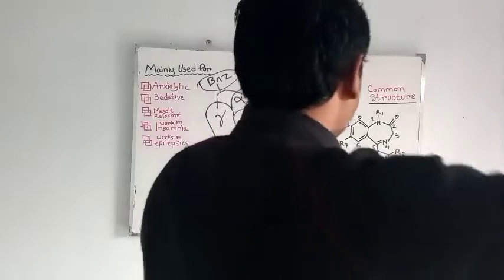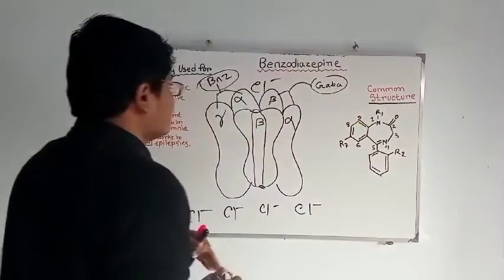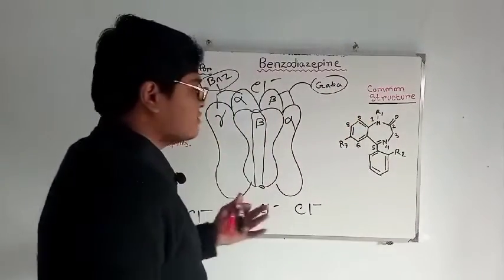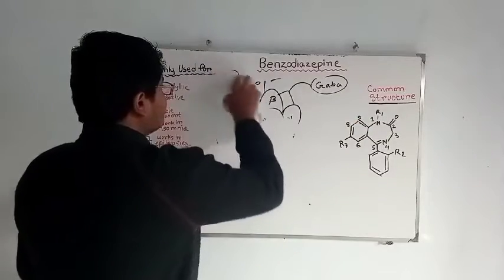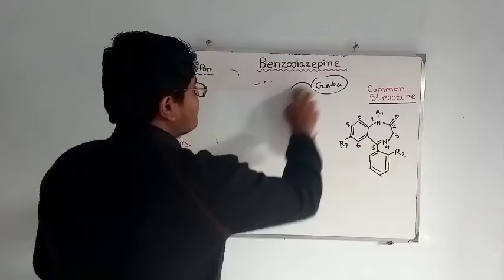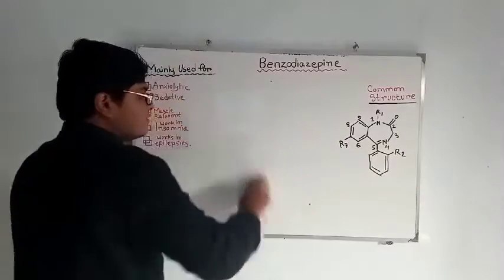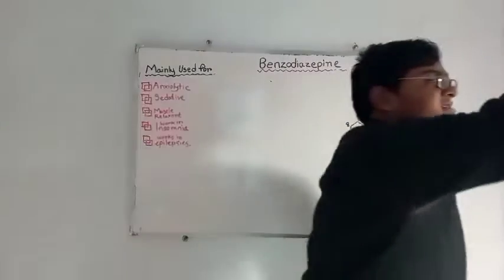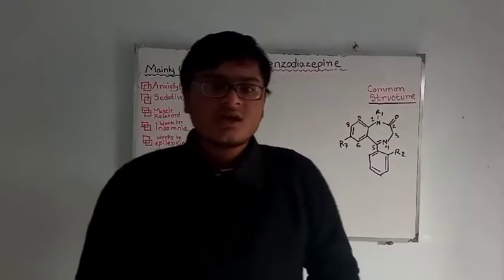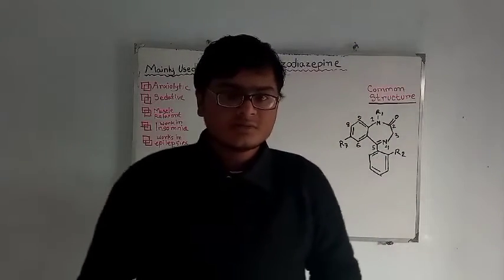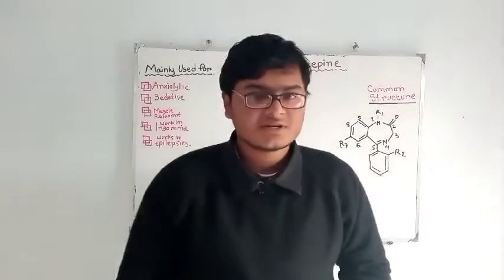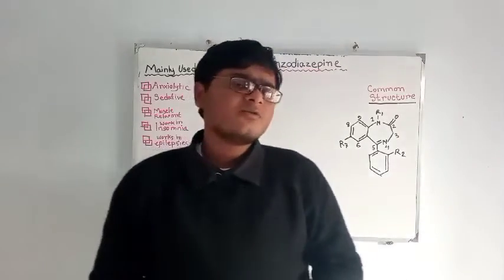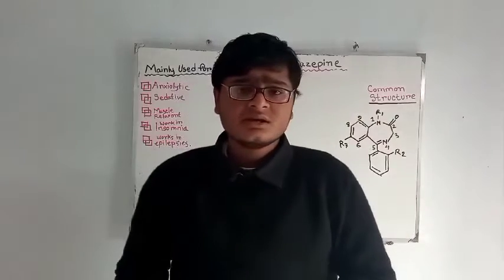So I talked about some details of this. Now we will talk about the side effects of benzodiazepine. It may have a better pharmacological effect inside our body, but it also has side effects. What is the side effect of benzodiazepine?